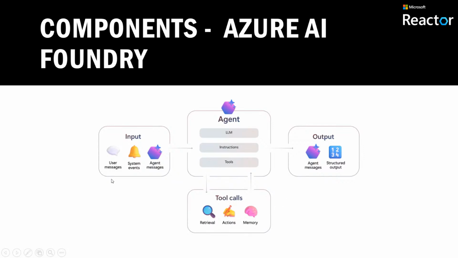The agent will receive unstructured input such as a prompt, which is passed on as part of the instruction, and it will produce output in the format of either agent messages or a structured format.